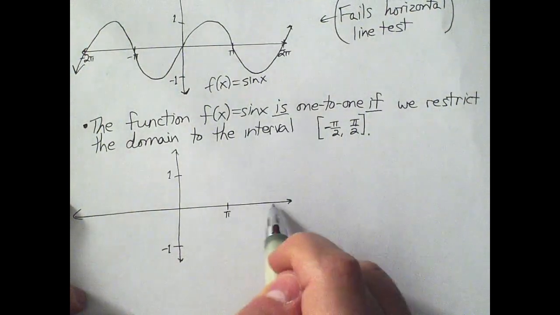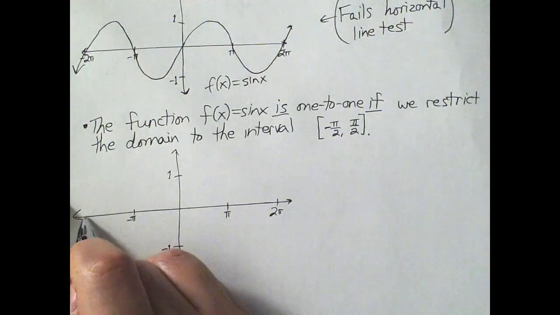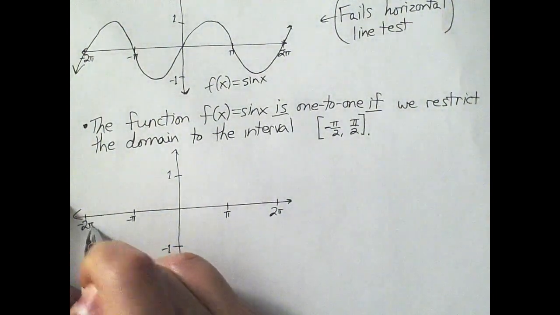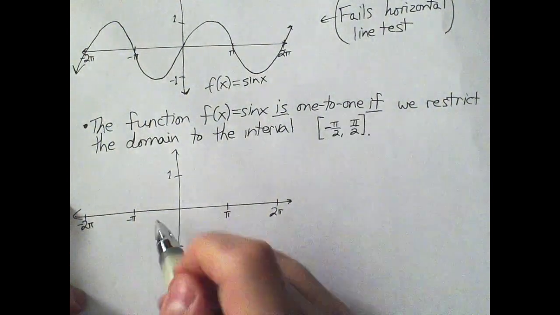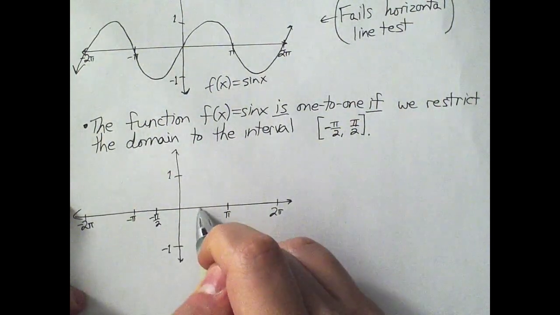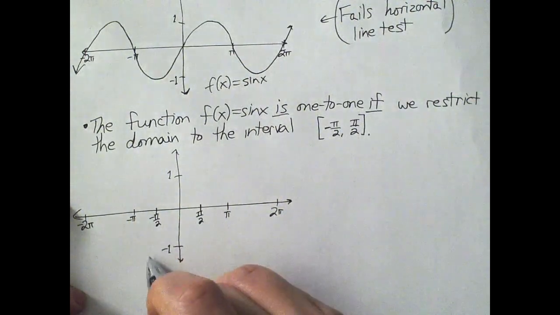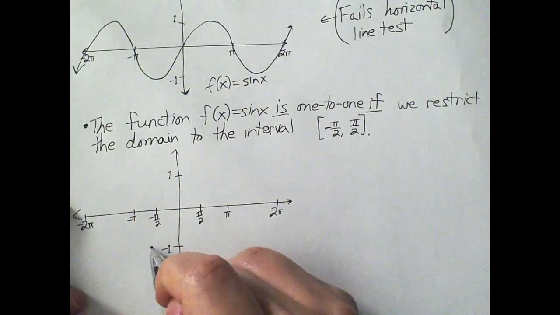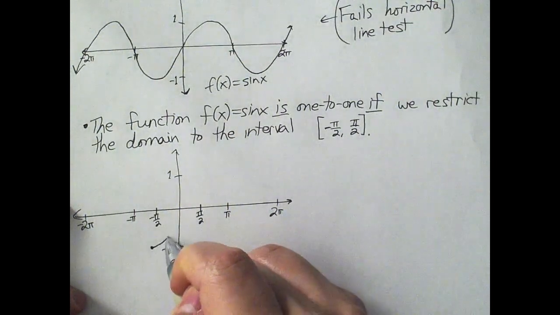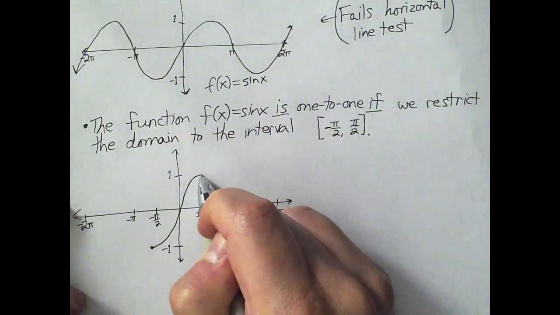Here's pi, 2 pi. Let's draw just the part from negative pi over 2 to positive pi over 2. It looks something like this. It's less than one period of the function.